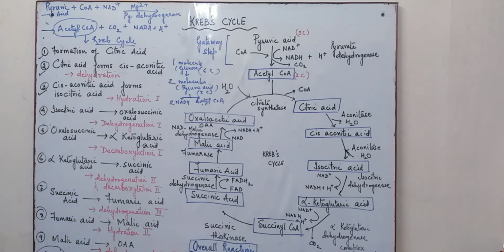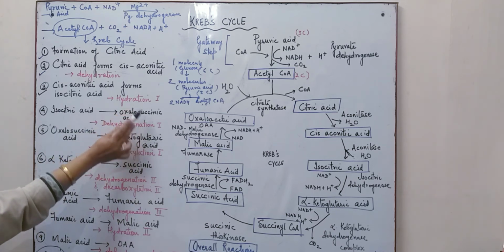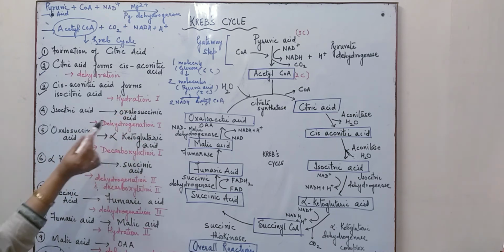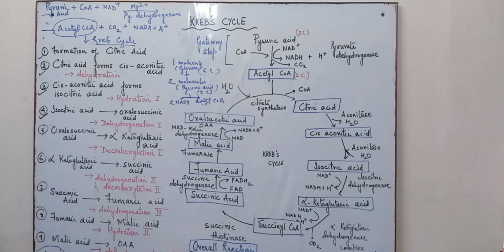The isocitric acid undergoes dehydrogenation, which we have marked as step one and step two. Dehydrogenation one is the first step in which oxidation takes place, and two hydrogen ions are removed from the isocitric acid.